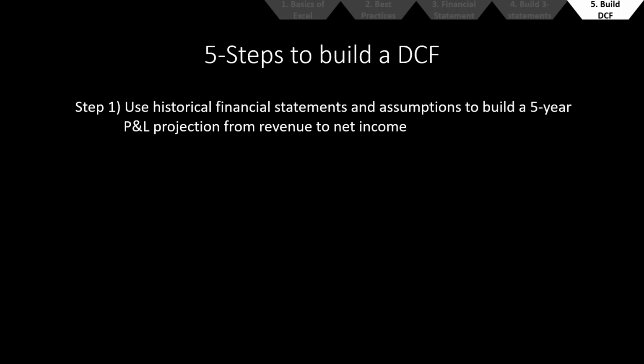Now, let's build our own DCF step by step. I like to teach this in 5 steps. The first step is the most involved and the hardest. The steps are: Step 1, use historical financial statements and assumptions to build a 5-year P&L projection up to net income.